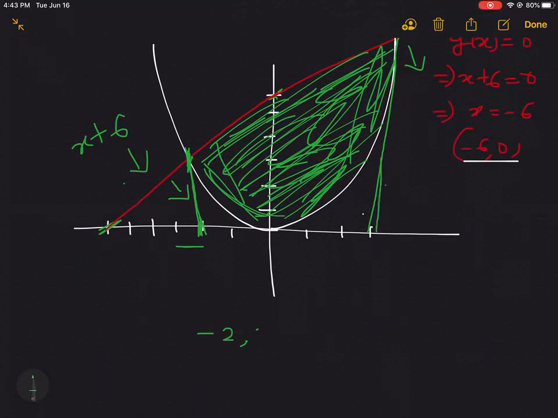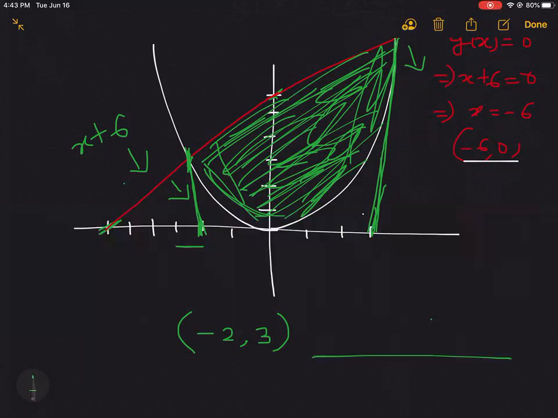I don't have graph paper on my notepad. I could use that, but again, that would take a lot of time. As you have the actual graph in the PDF, you can eyeball it. Sorry, the answer would be -2 to 3, and as it's not included, this will be open, right?